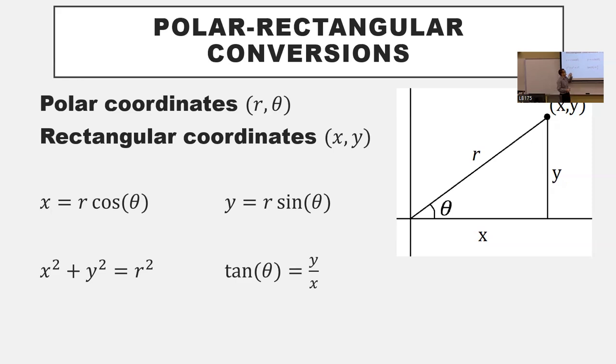I can plug in the r and the theta into r sine theta. That'll give me my y value. If I have rectangular coordinates, I want to find the polar coordinates. That means I have the x and y. I want to find the r. I can use the Pythagorean theorem equation. If I want to find the angle theta, then I can use this tangent equation.